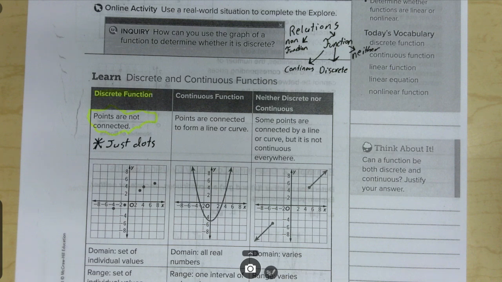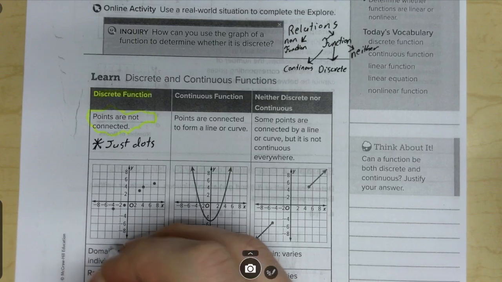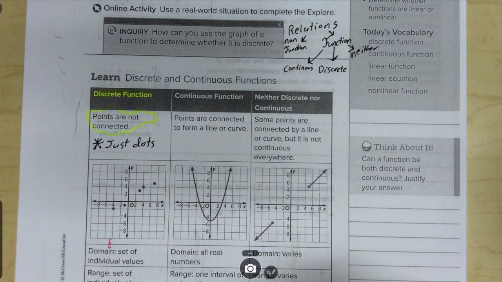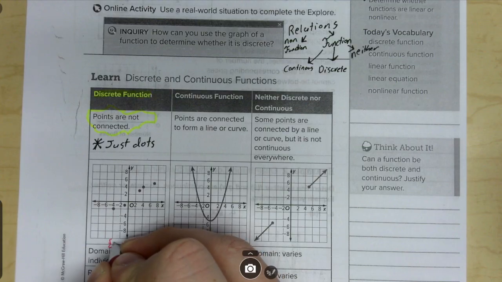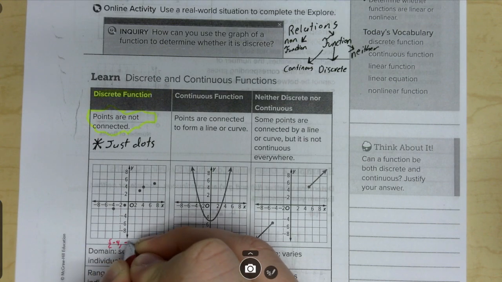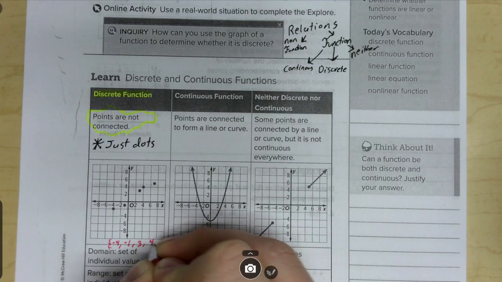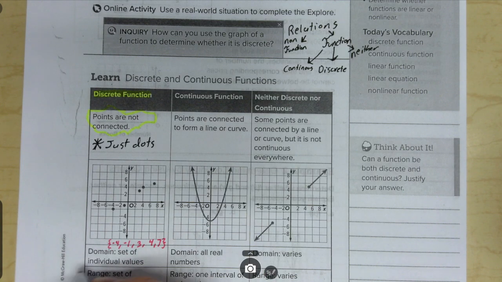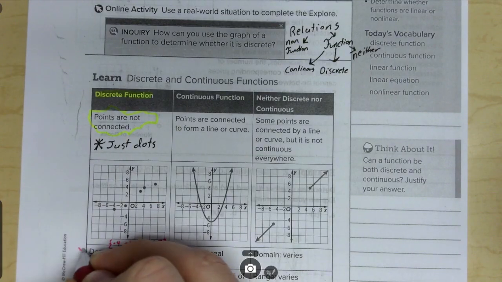The domain of this is going to be an individual set of values. So if we take a quick look, those will be the x values from least to greatest. So we have -4, -1, 3, 4, 7. Remember, domain is x.